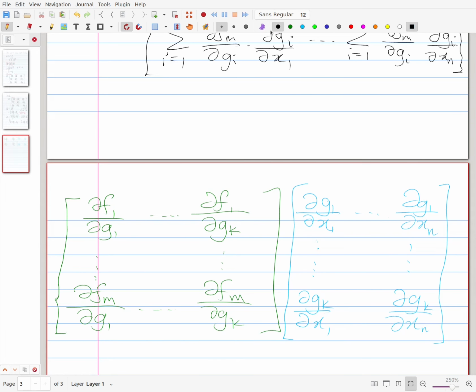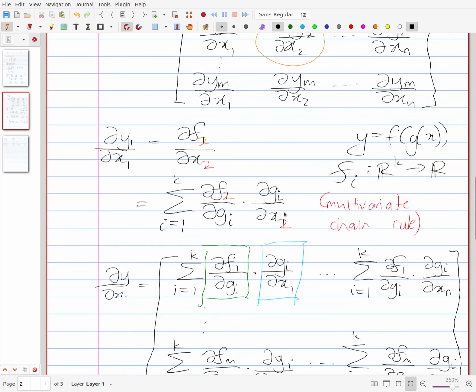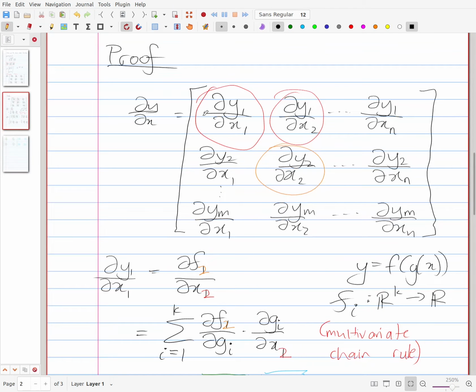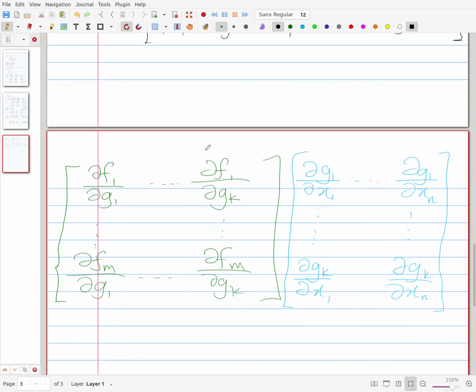Now, let's just make sure that, at least for the first component of this matrix, we get the correct value by multiplying these two matrices out, as I hinted about earlier.